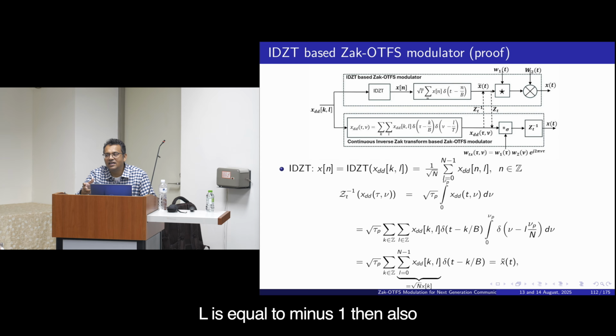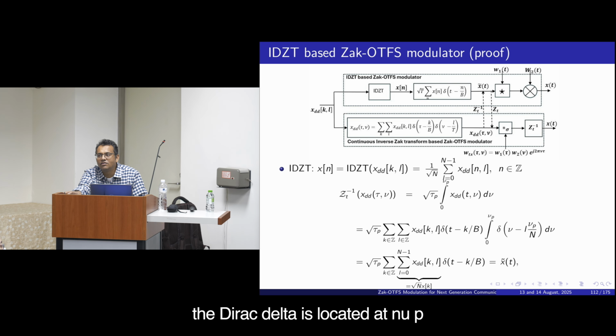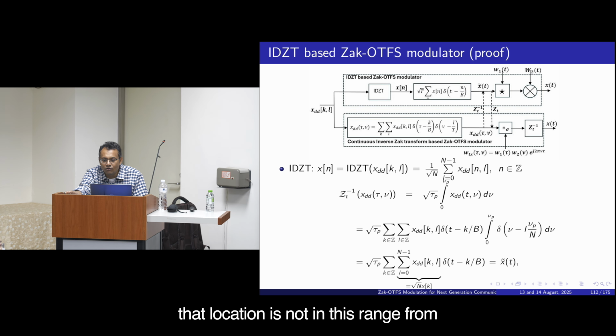Similarly, if L is equal to -1, then the Dirac delta is located at nu p times -1 by N, and that location is not in this range from 0 to nu p, right.